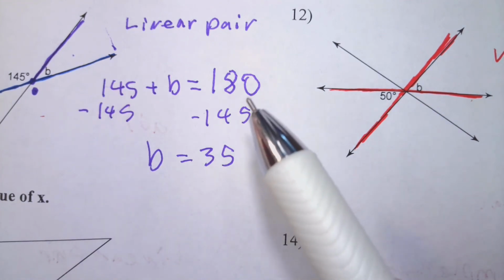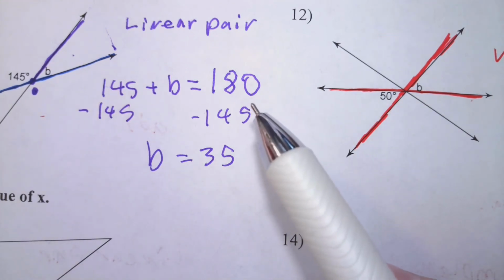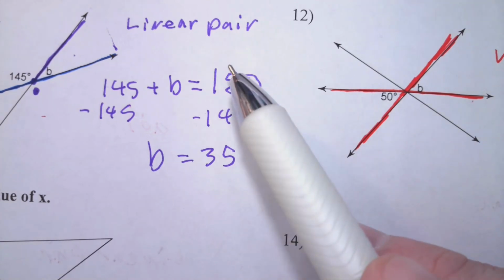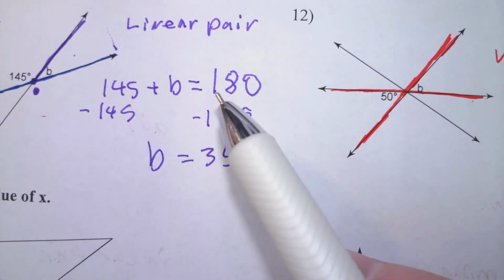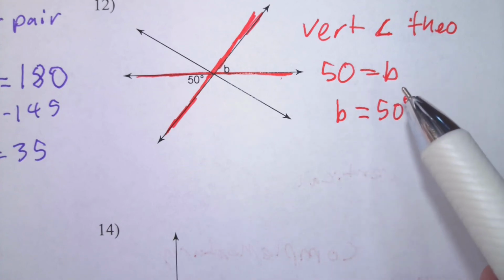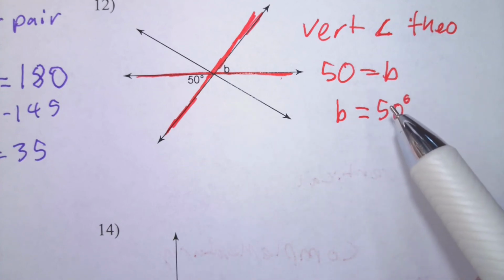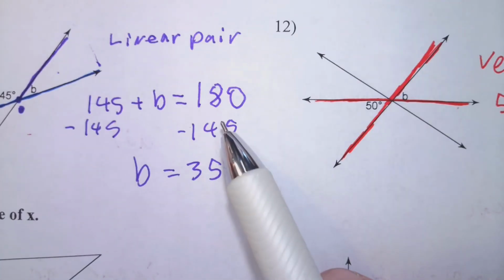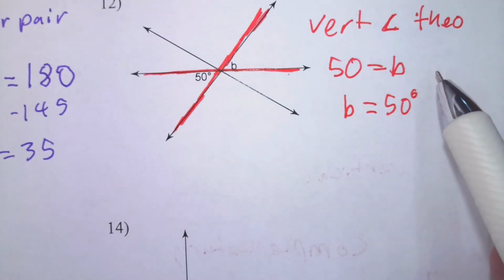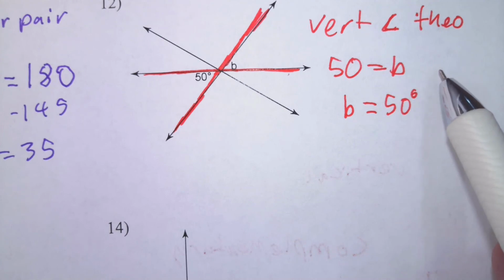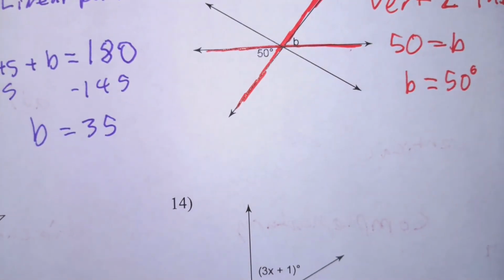We're going to do a lot of this chapter. We're going to have a bunch of vocabulary, and it's either going to add up to 180 or it's going to be equal or congruent. For the purposes of this first worksheet, linear pair, add up to 180. Vertical angles are equal.